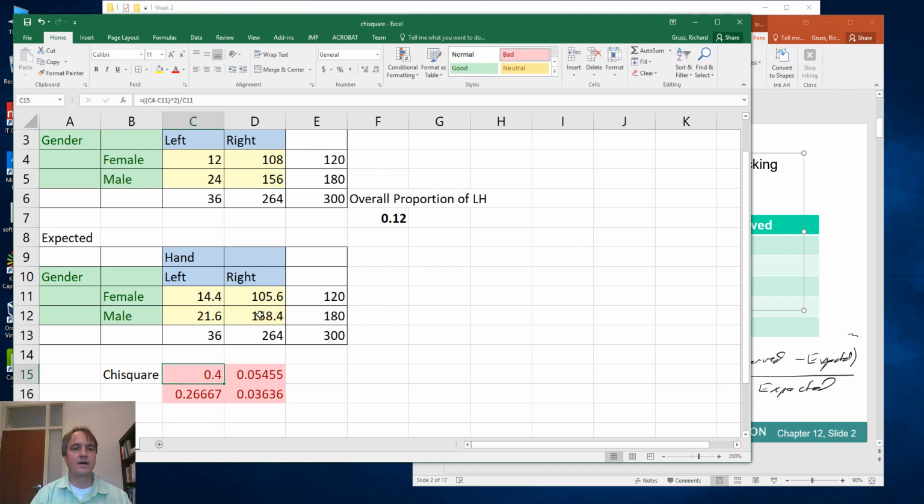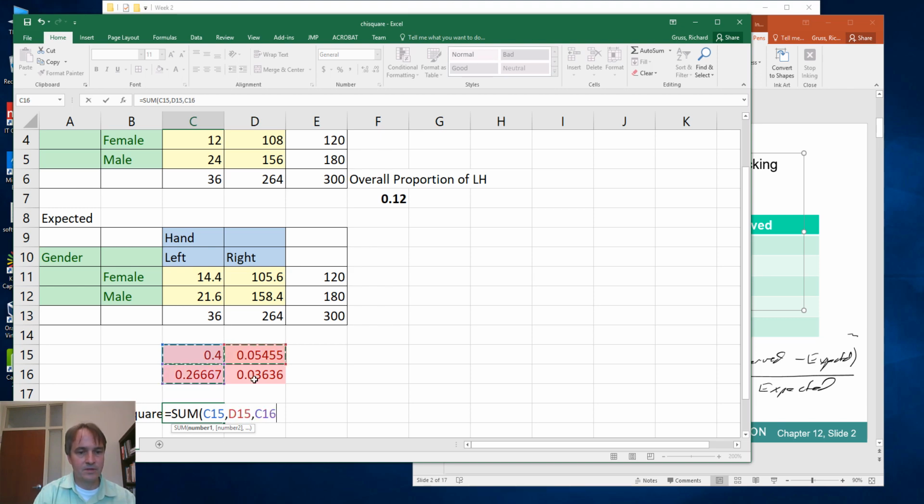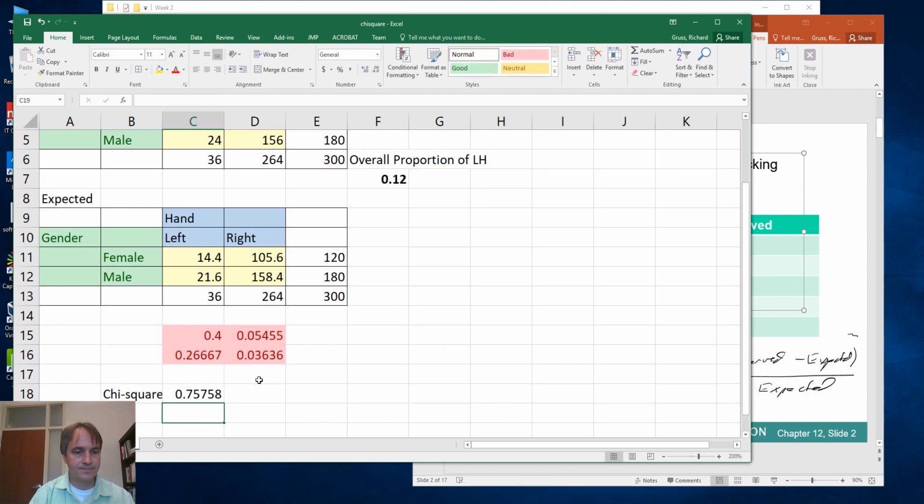Okay, so I've got all those. Now I just need to add all these up. And this will be my chi-square statistic. So it's going to be sum, and then I'm just going to hold down control. So just add up those 4 numbers.